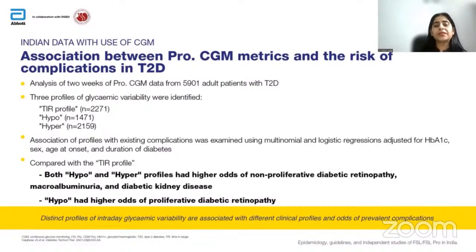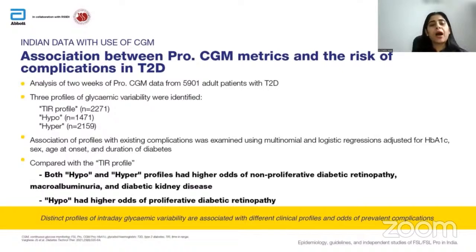Association of these profiles with existing complications was examined using the multinomial and logistic regression adjusted for HbA1c, sex, age at onset, and duration of diabetes. Compared with the time in range profile, both the hypoglycemia and the hyperglycemia profiles had higher odds of non-proliferative diabetic retinopathy, macroalbuminuria, and diabetic kidney disease.